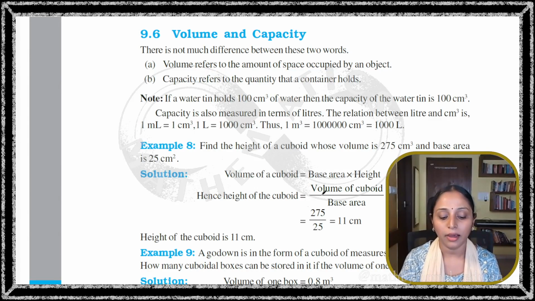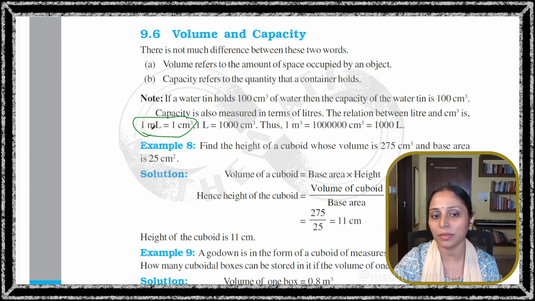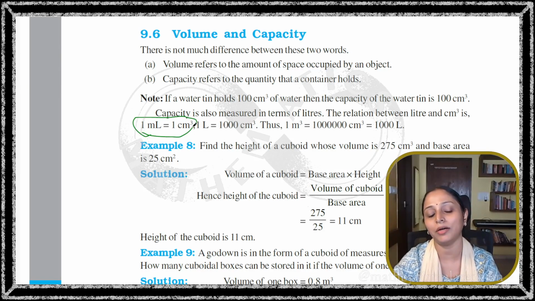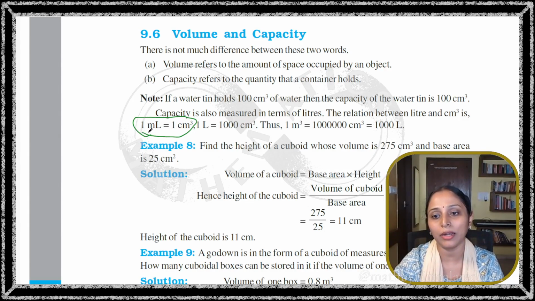Now here you have a relation between centimeter cube and ml, the capacity unit being milliliters, and 1 milliliter is equal to 1 centimeter cube. That is, if you have a unit cube of 1 centimeter cube volume, the liquid that you fill in that unit cube is going to be 1 ml, right?